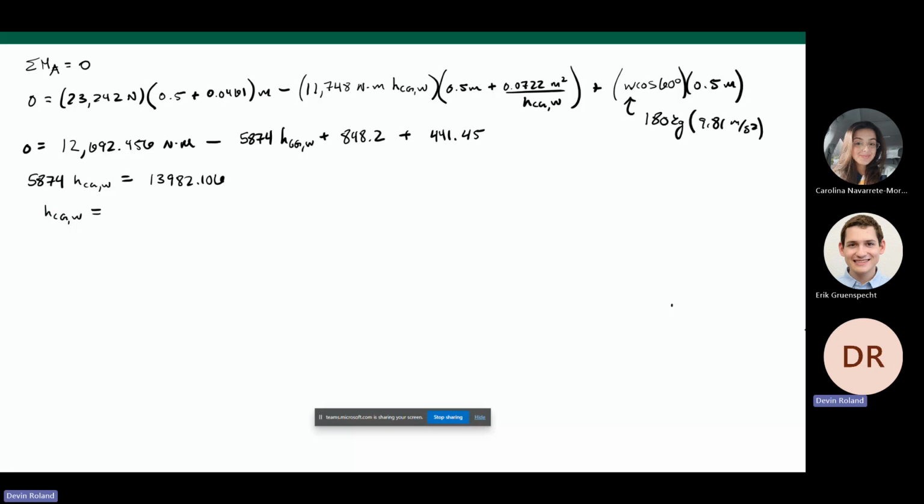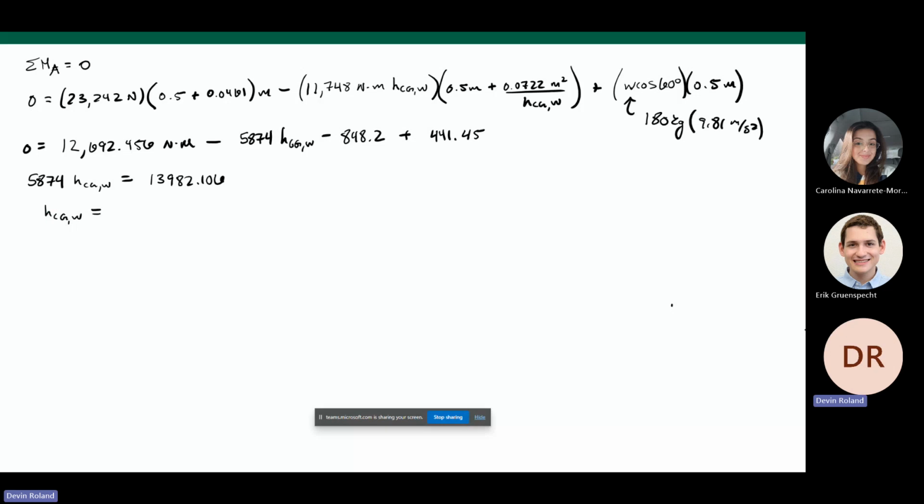That's correct. Oh, this is why, I guess. This value here should be negative. Yeah, let's see if that fixes it.